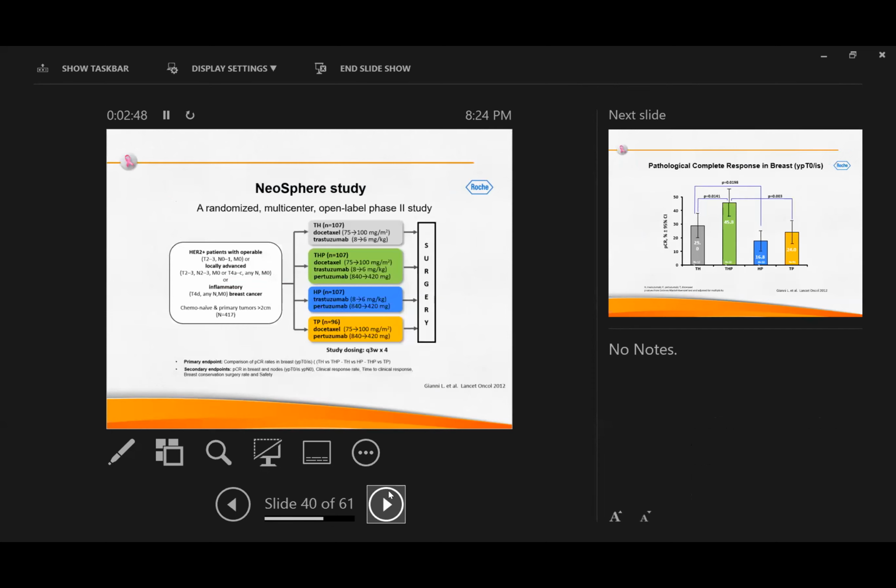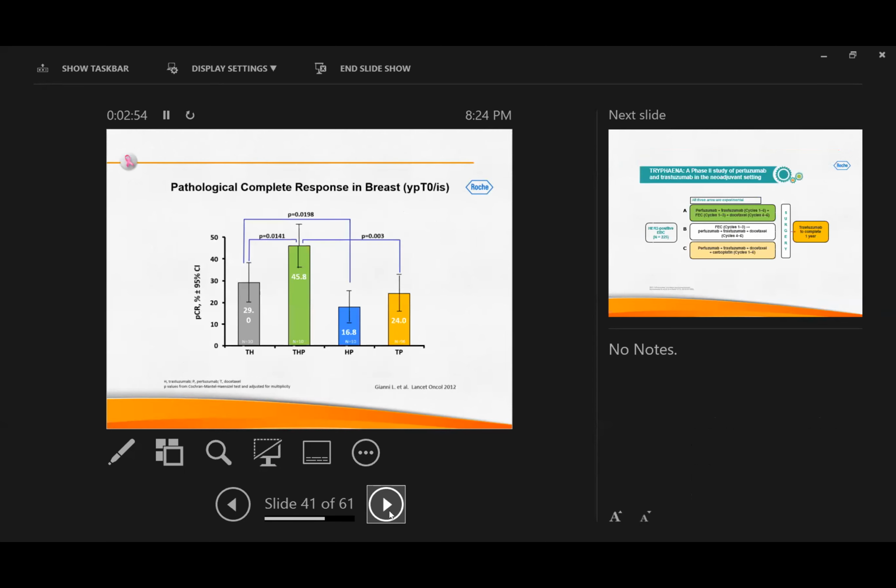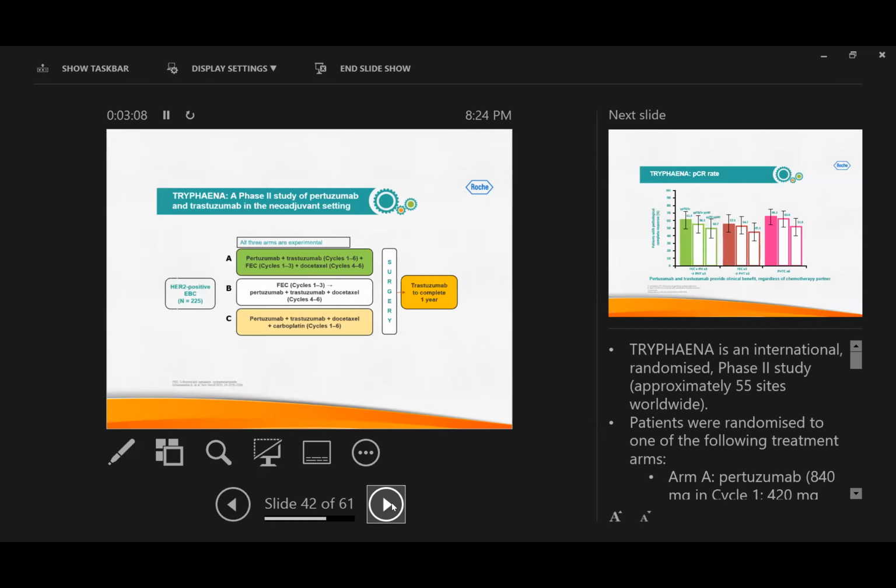So the evidence for the neoadjuvant use of pertuzumab is mostly from two trials. One is the Neosphere trial. What the Neosphere trial essentially showed is that this combination of THP, which is a taxane, Herceptin, and pertuzumab, had the highest pathological CR, as high as 45%. And the next trial, which looked at something similar, was the TRYPHAENA trial.